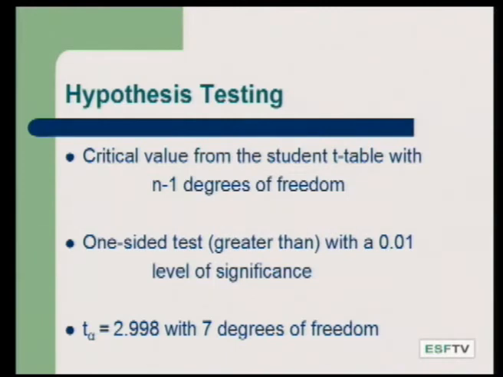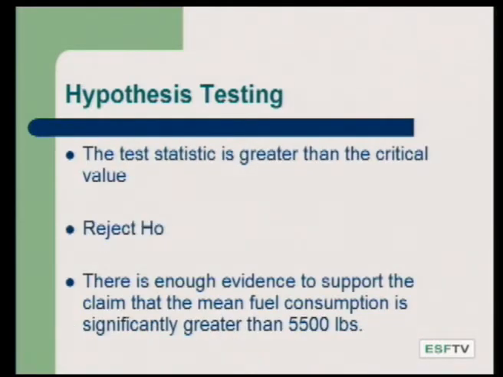Given that we now know this critical value and that we have the test statistic, we can then answer the question. Our test statistic is greater than the critical value, which tells us we're going to reject the null hypothesis. There's enough evidence to support the claim that the mean fuel consumption is significantly greater than 5,500 pounds.